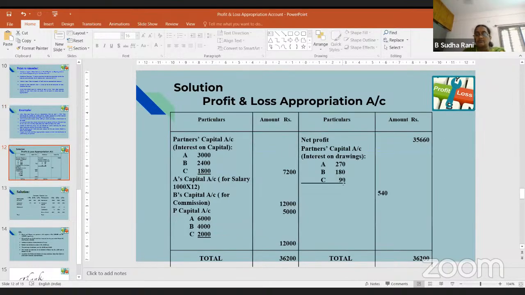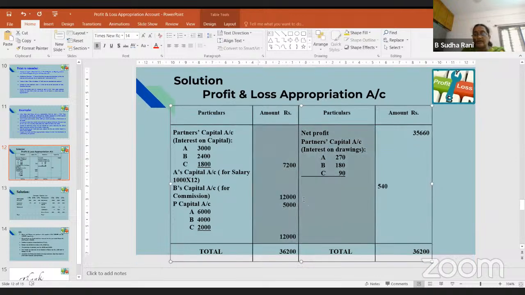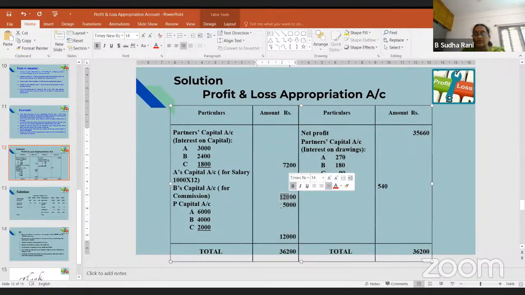The entire proforma itself is this much. That's all. This is for your short answer question: your workings, your posting, everything, correct or not. Now we took everything from the question given. So interest on capital we got 7,200, salary 12,000, commission 5,000, then drawings 540, right?